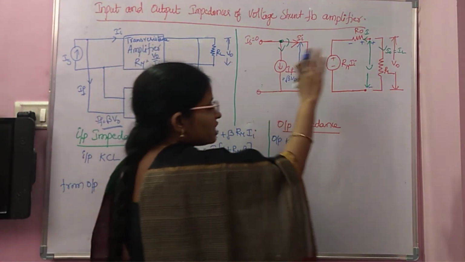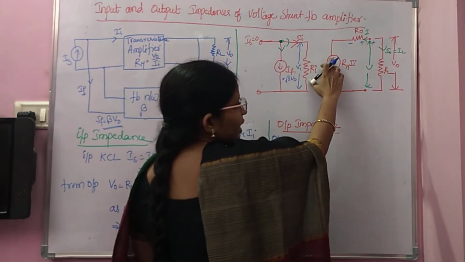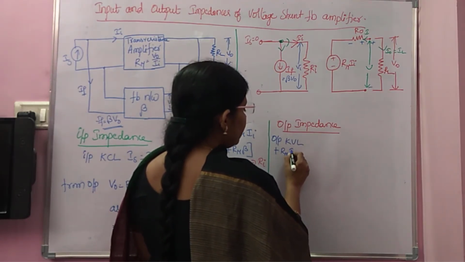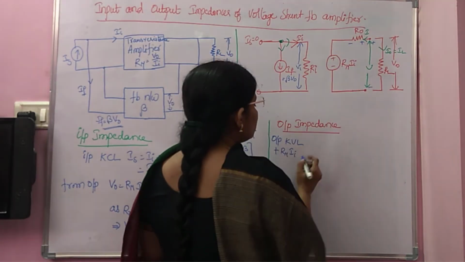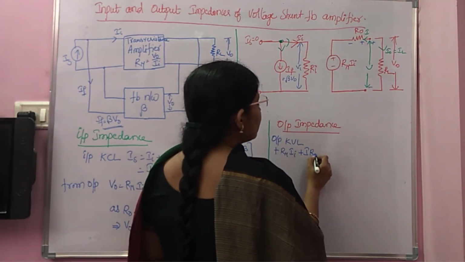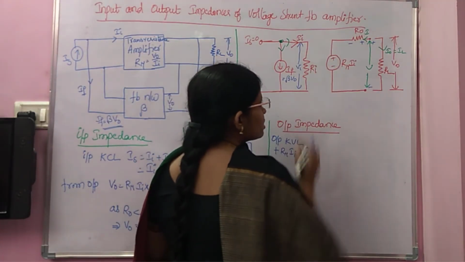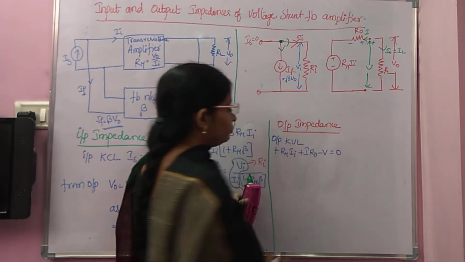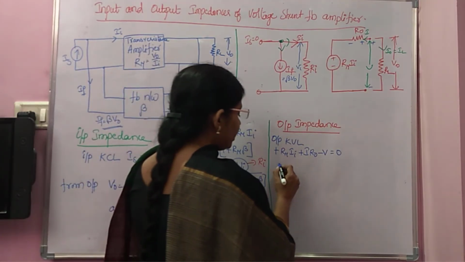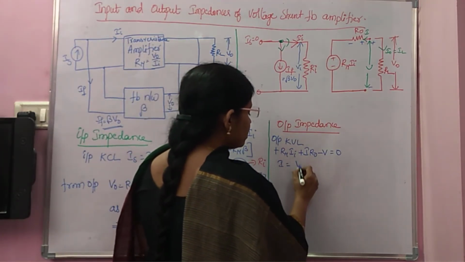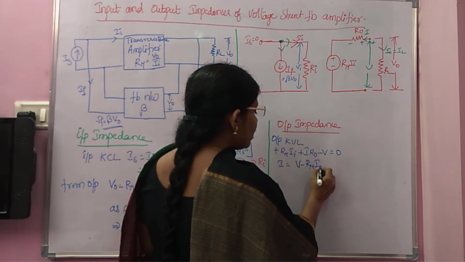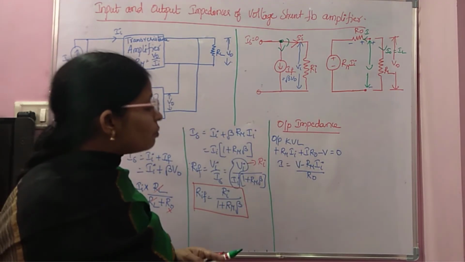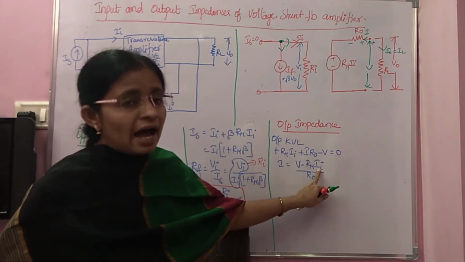Start from the second sign: plus RmIi, then plus I R naught, and minus V is equal to 0. Then I is V minus RmIi by R naught.